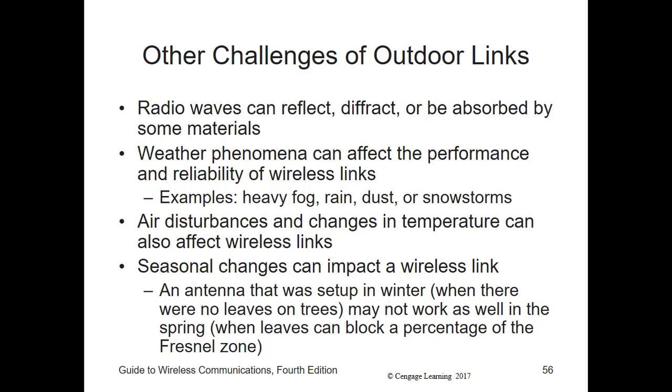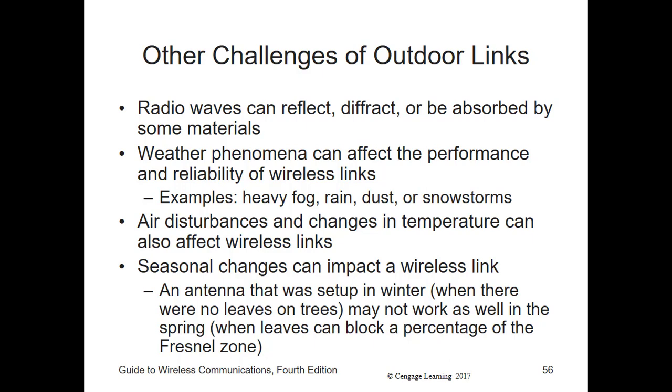Before moving on to other more practical aspects of wireless communications, we need to talk about some other challenges that would affect implementation. Some of those are outdoor links. Radio waves can reflect off, diffract, or be absorbed by various materials.